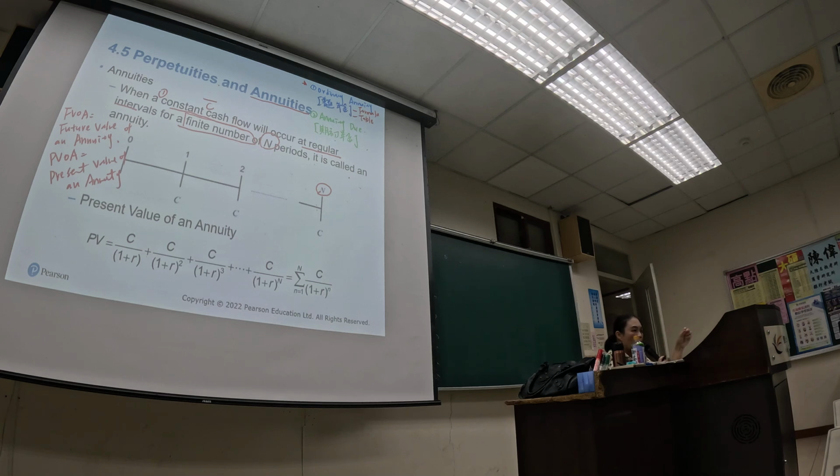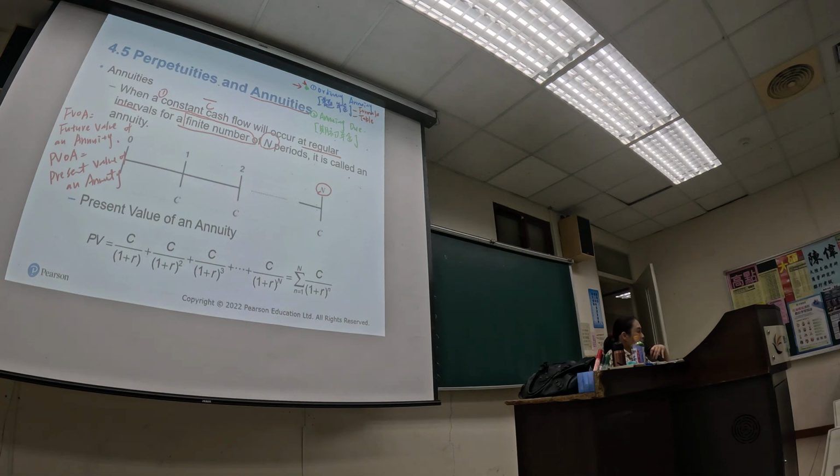We have to figure out the value of the ordinary annuity first and then multiply by 1 plus r to figure out the value of annuity due. Okay, the most important is the ordinary annuity. If the question doesn't specify, then you assume it's this one, the ordinary annuity, because it fits the feature of financial instruments, okay?